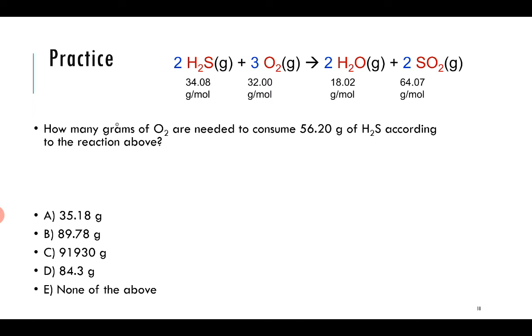Let's go. This is what we're trying to find, and we are given this amount. So remember, we're going to go from grams of H2S to moles of H2S.